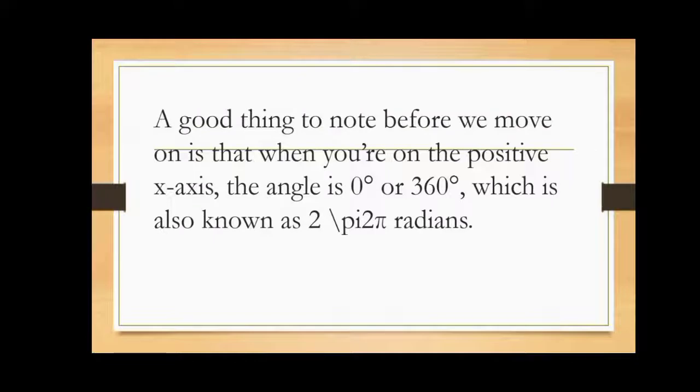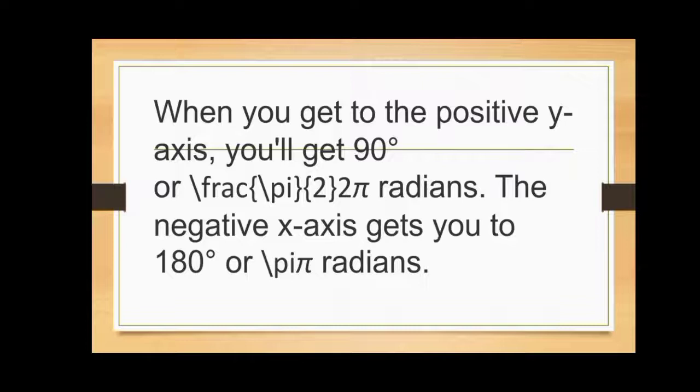A good thing to note before we move on is that when you are on the positive x-axis, the angle is 0 degrees or 360 degrees, which is also 2 pi radians. When you get to the positive y-axis, you get 90 degrees, or pi over 2 radians.